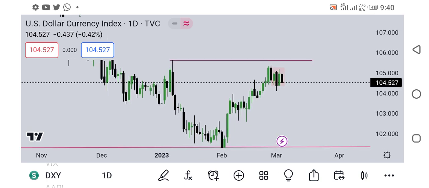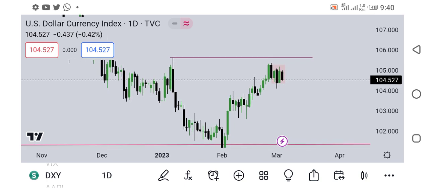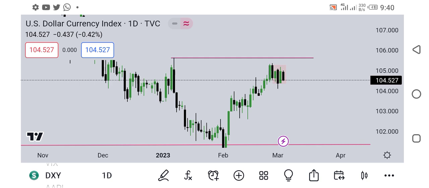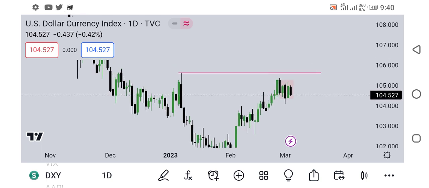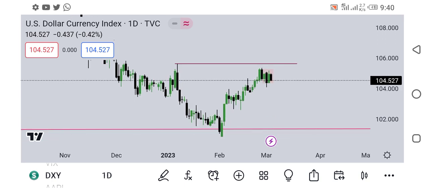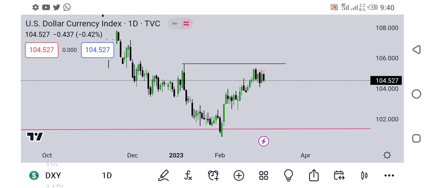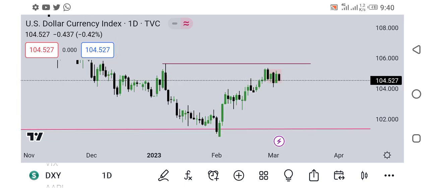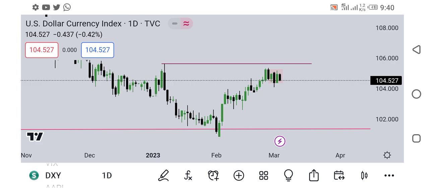I have some writing on my TradingView. So I'm expecting the market to tag in there. It's just a question of where the market will go from this place, up or down, though overall I'm bullish on the dollar index.